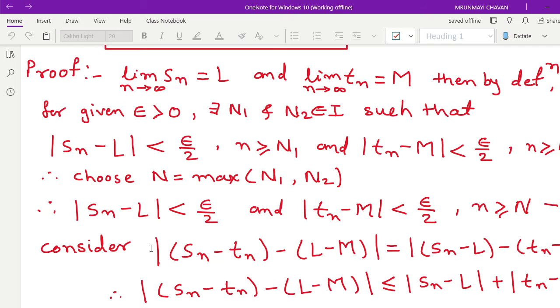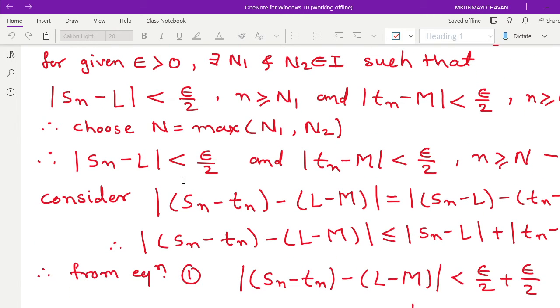So, like in the previous theorem, here also we choose capital N equal to the maximum of n1 and n2, so that we can write this statement for both the sequences.